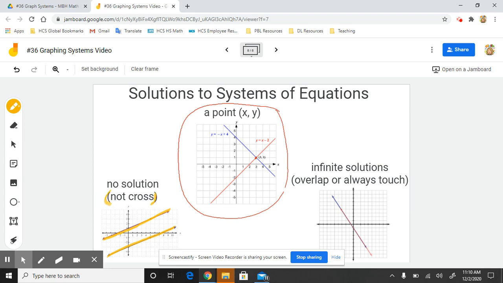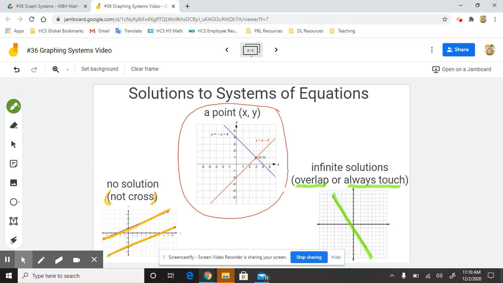So if we don't cross each other, it is no solution. And then we had the one that gets a little tricky. The tricky one is when we have an infinite number, when we overlap or we always touch, or we have one line drawn. So keep that in mind.